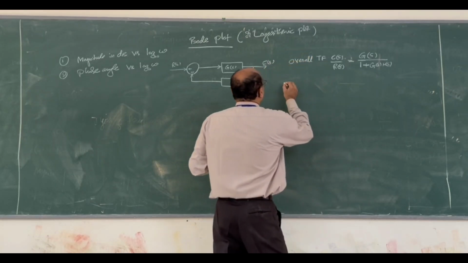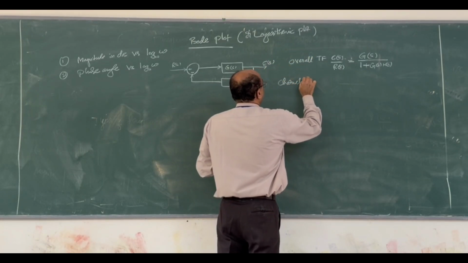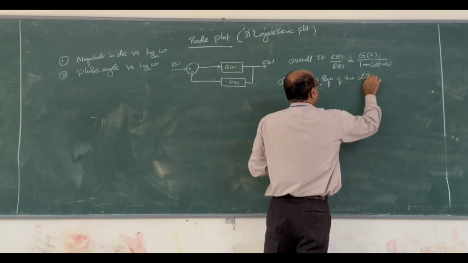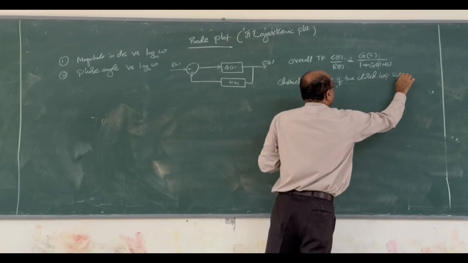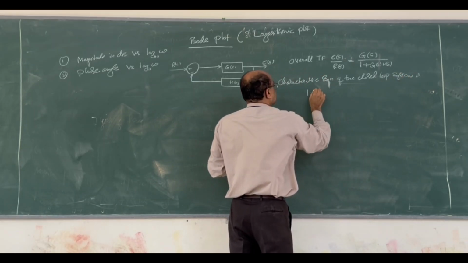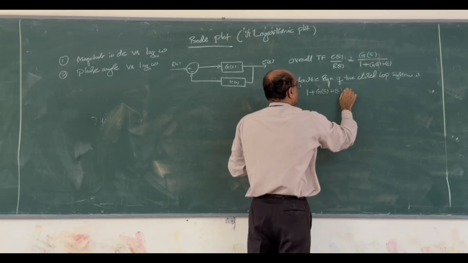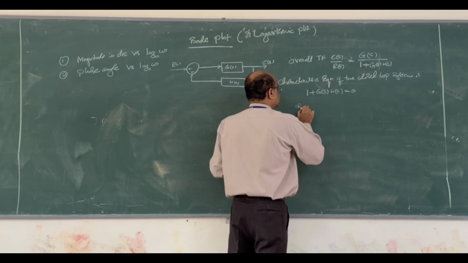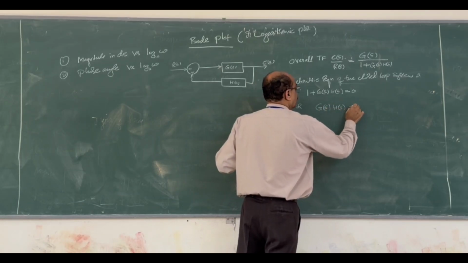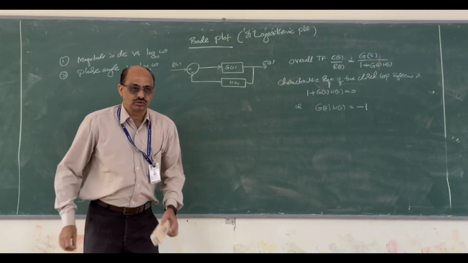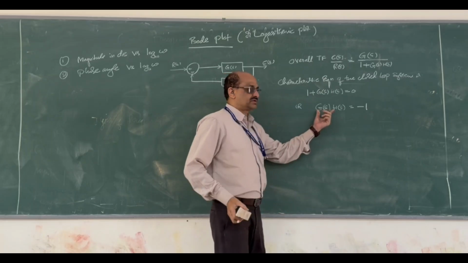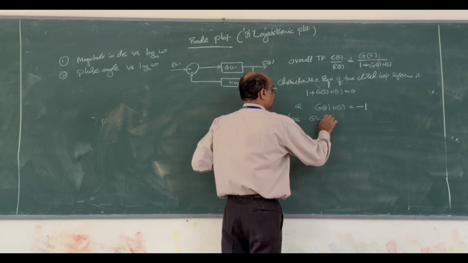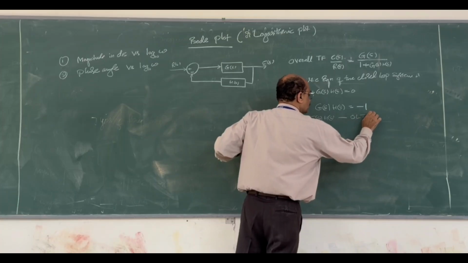So the characteristic equation of the closed loop system is 1 plus G(s)H(s) equal to 0, or we can write G(s)H(s) equal to minus 1, wherein G(s)H(s) is the open loop transfer function.